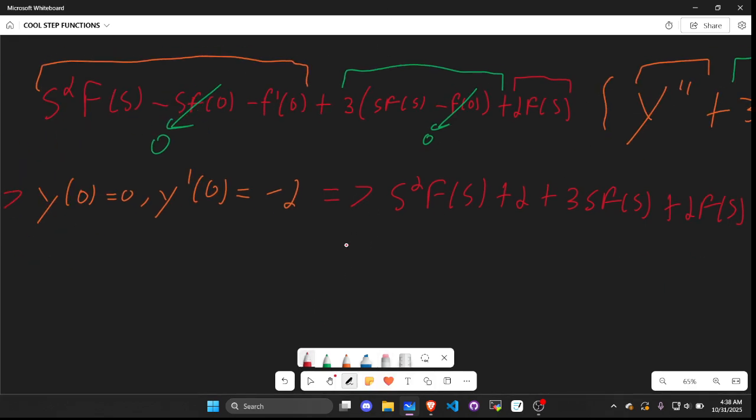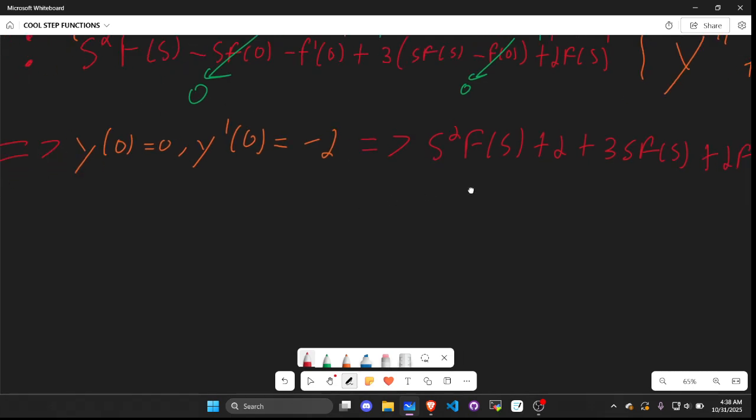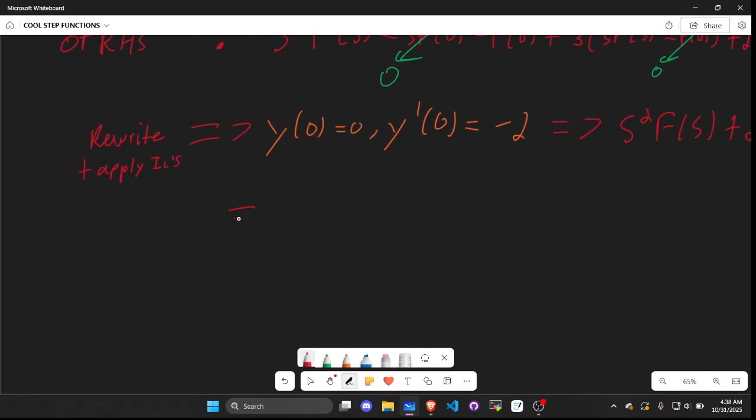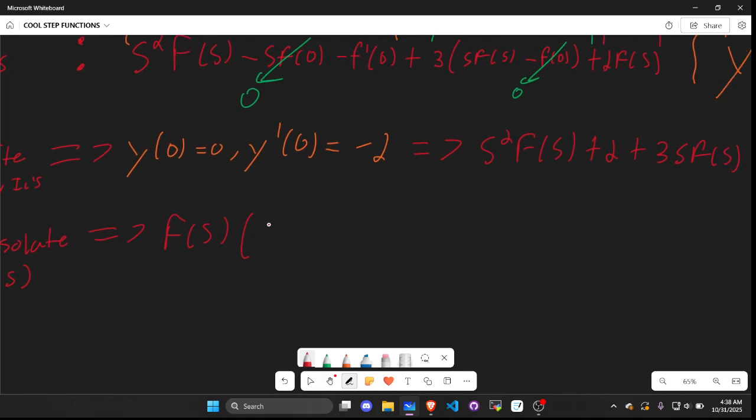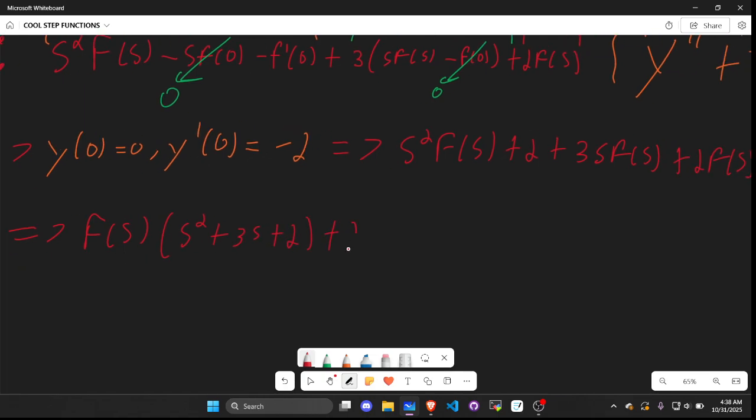Now what we're going to do is rewrite it in a more condensed form again, and try to isolate the Laplace transform of the function. So basically we'll get F of s times s squared plus 3s plus 2, and then all of this is plus 2.